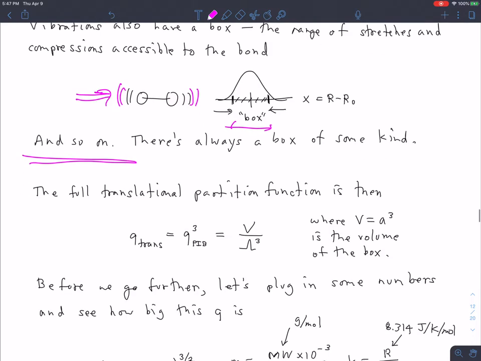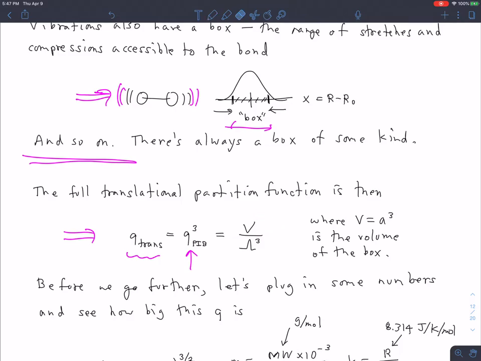All right. So for the full translational partition function, remember it's the cube of the one-dimensional particle in a box partition function. And so it's a cubed over lambda cubed, and a cubed is just the volume of the box.